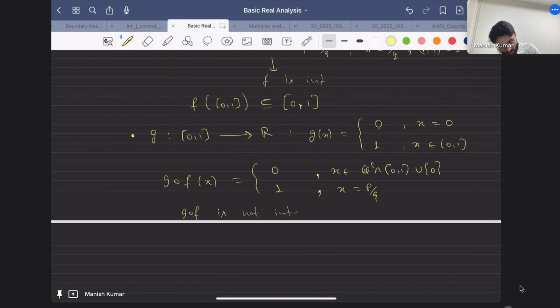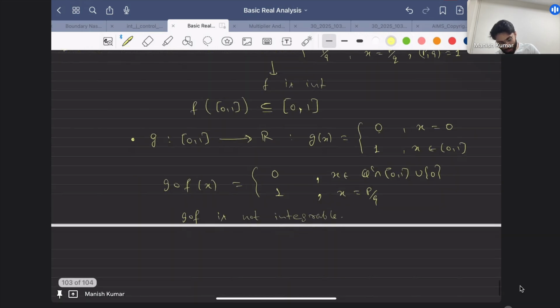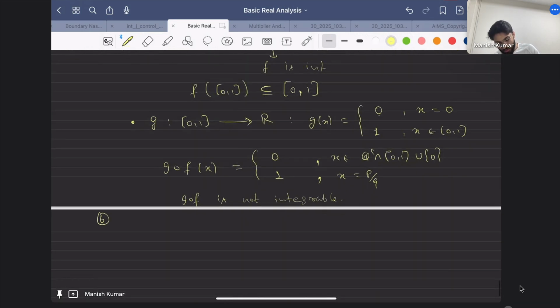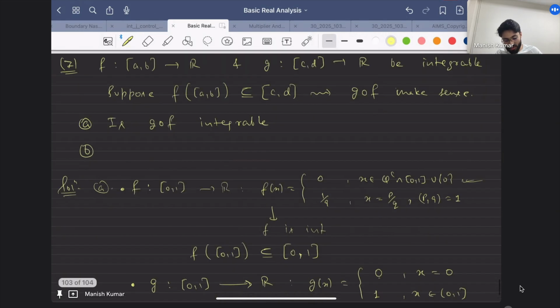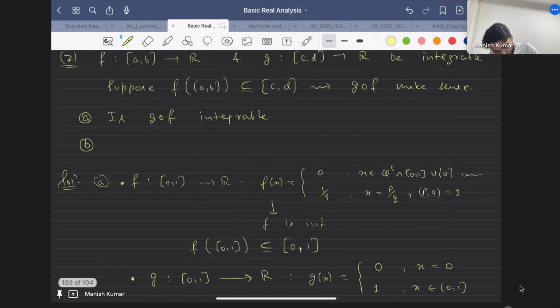Okay, so now the thing is, in what situation will this composition also become integrable? The condition is, suppose that this function g is continuous. That is enough. So g from [0,1] to R is continuous, then g composed f is integrable.